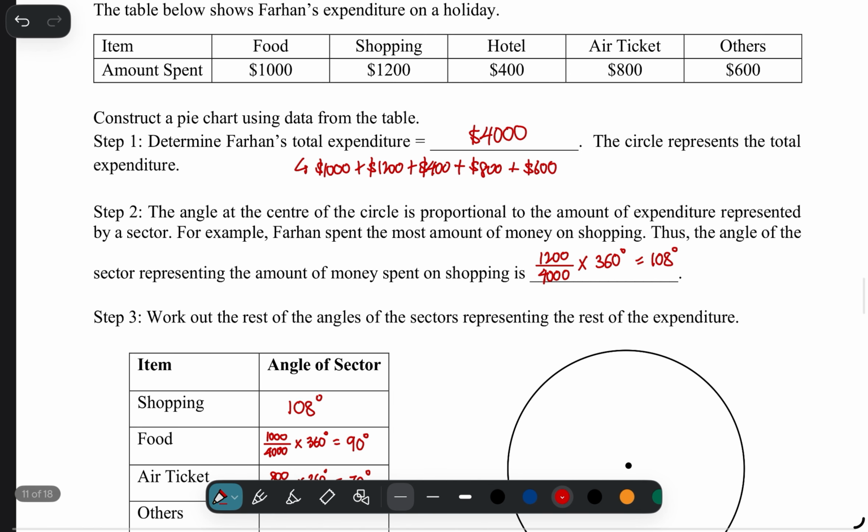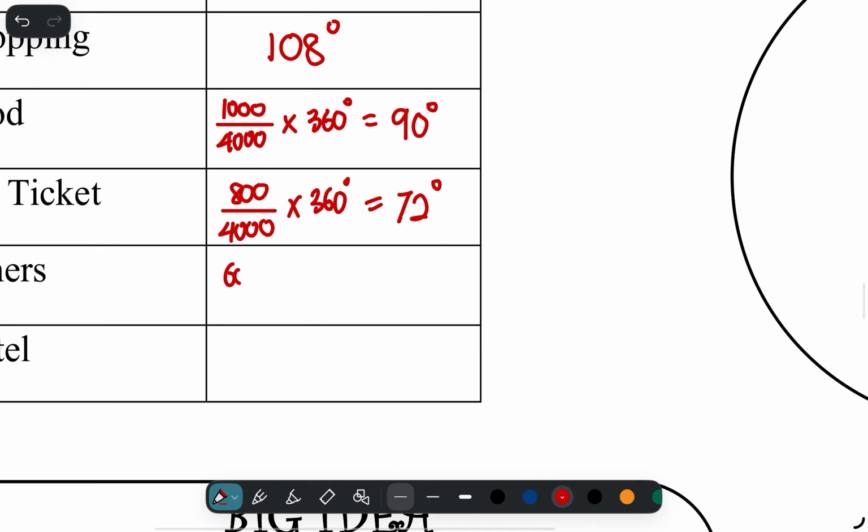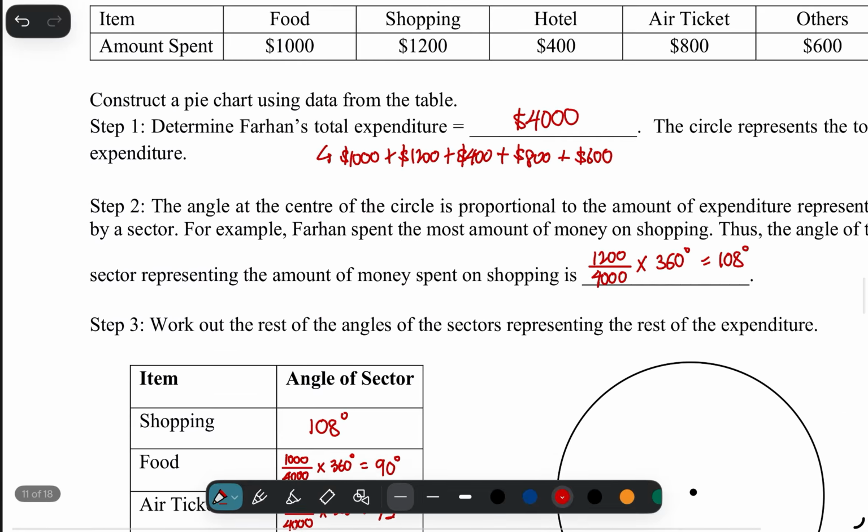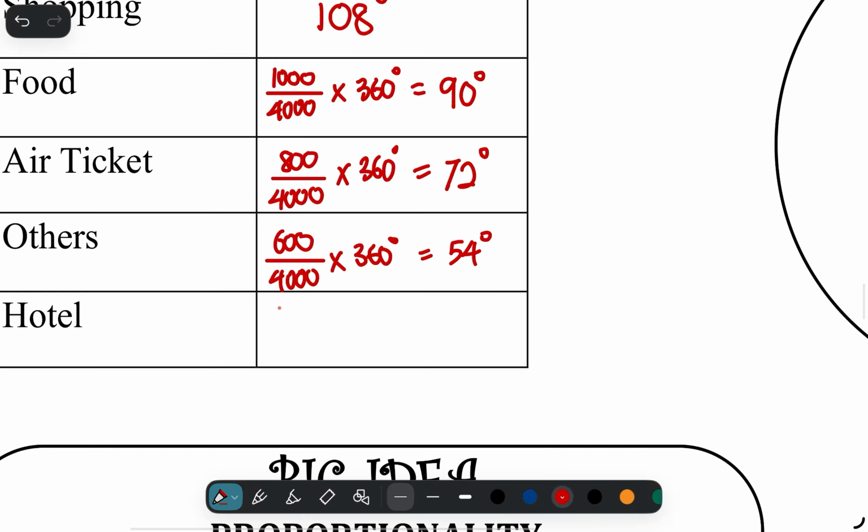Okay, others is $600 out of 4,000 times 360 degrees equals to 54 degrees. And the last one, hotel, is $400. $400 out of $4,000 times 360 degrees, I should get 36 degrees.